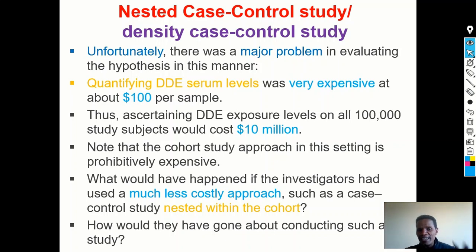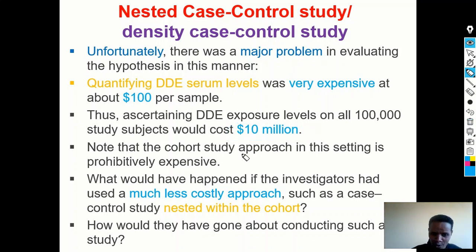Quantifying the DDE serum levels was very expensive for the whole cohort. It takes around $100 per sample. If you multiply this by the total cohort of 100,000, the final cost will be $10 million. That is really very costly, $10 million. Okay.